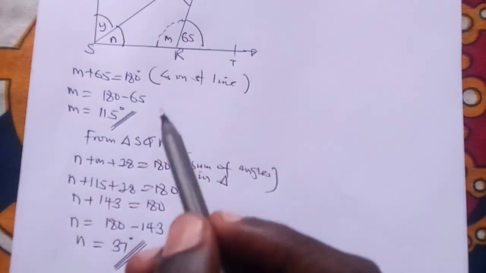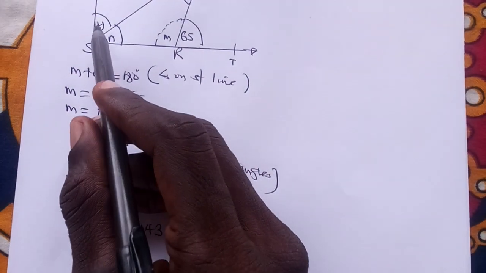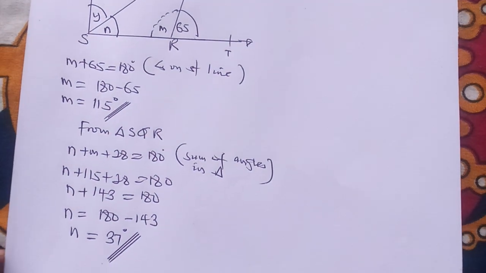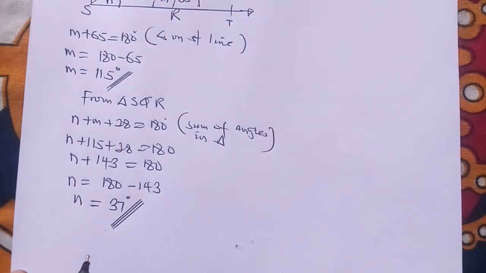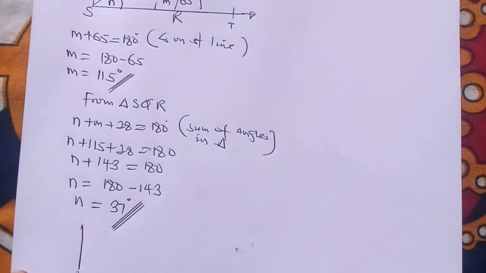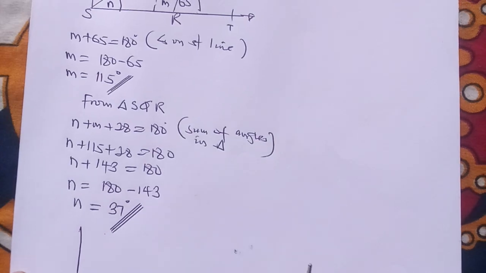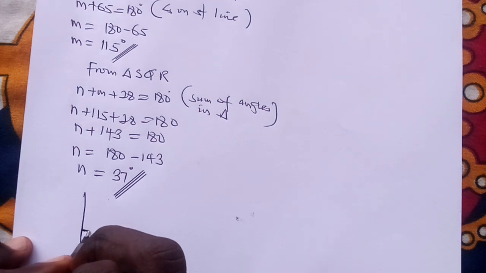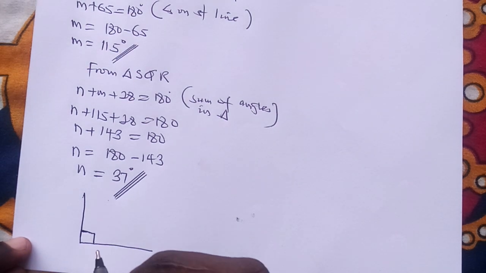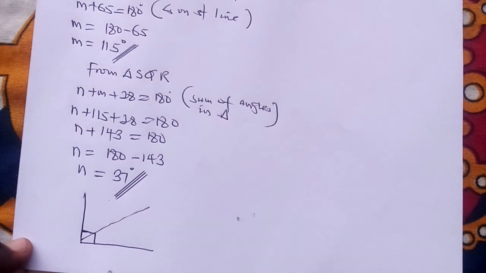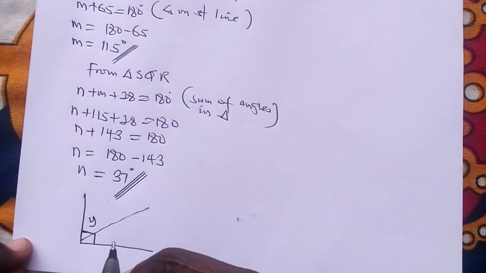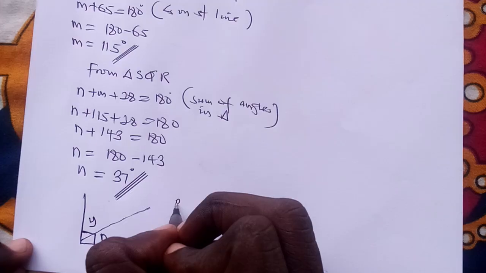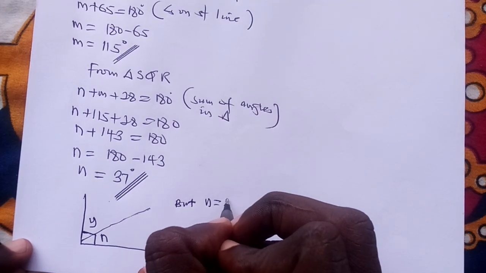Remember, we have n already here. Now this is y. To find y, remember the properties of a right angle. This is a right angle, and a right angle sums up to 90 degrees. This is y and this is n, and n is already given as 37.